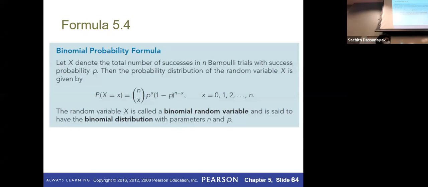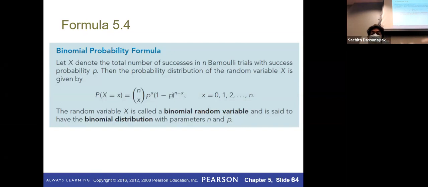The binomial probability formula, or what we call the binomial distribution. In this case, the binomial distribution is the extended version of Bernoulli trials. If we have n Bernoulli trials, we can map that case into a binomial distribution, because a binomial distribution consists of a finite number of Bernoulli trials. At a time, one trial has only two outcomes.